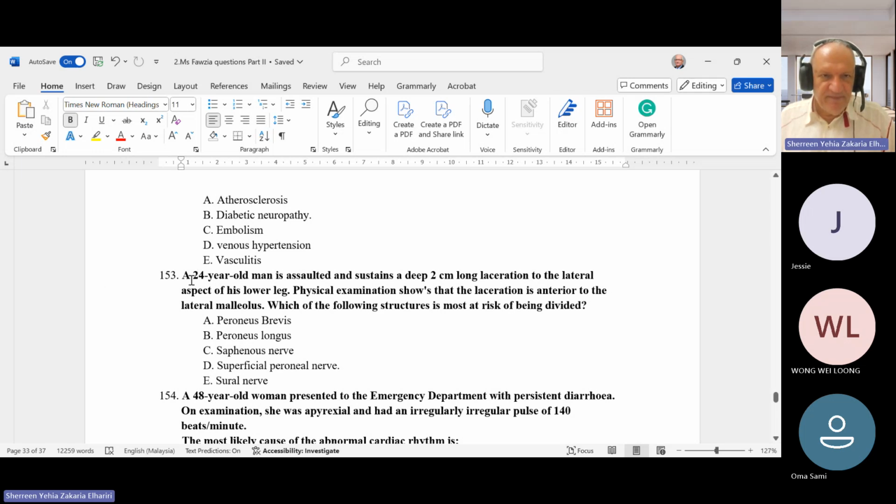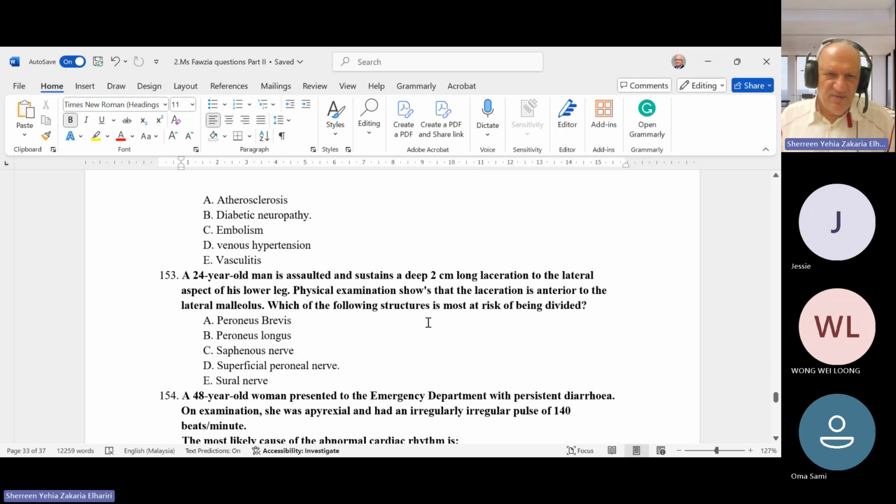Next question. A 24 year old man was assaulted and sustained a deep 2 cm long laceration in the lateral aspect of the lower leg. Physical examination shows the laceration is anterior to the lateral malleolus. Which of the following structures is at risk of being divided?